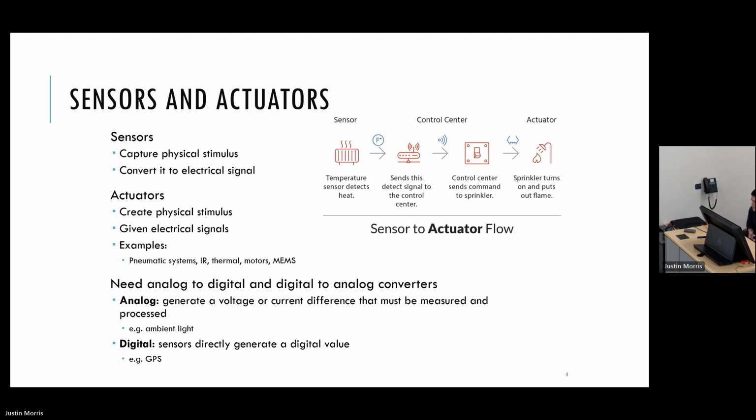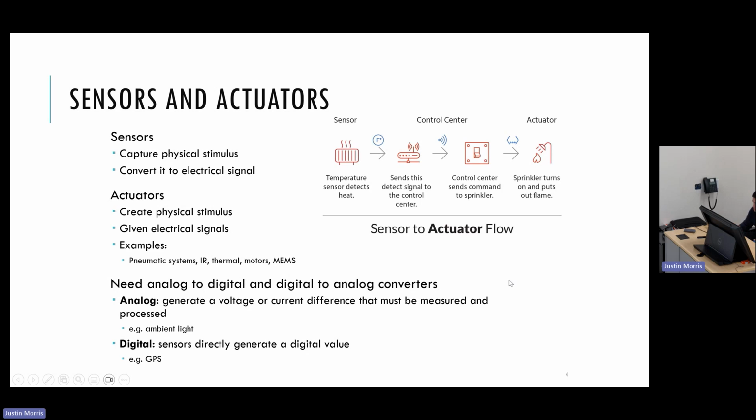So some examples of sensors are maybe temperature sensors. And then in terms of actuators, you have pneumatic systems, infrared, like your TV remote outputting infrared, or RF. And then we have motors and things like that in terms of actuators.